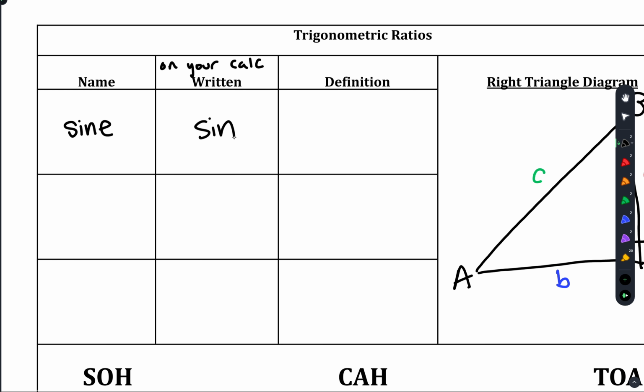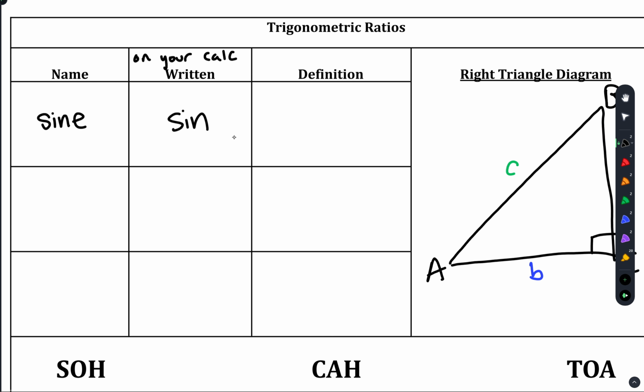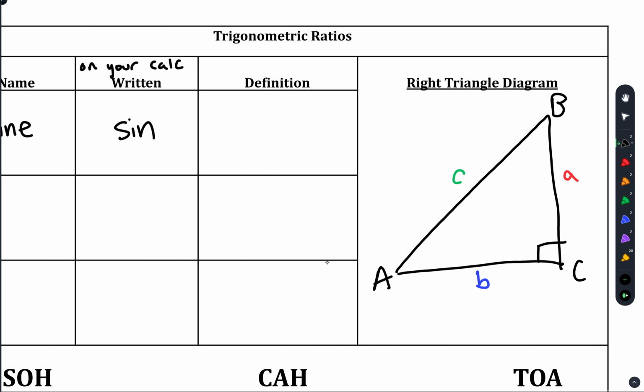Okay, and then these trig ratios are giving us the relationship between different sides of this right triangle. So it's going to be in relation to an angle, okay? We're going to talk about sine as the relationship between an opposite side and the hypotenuse. So that's opposite over hypotenuse.